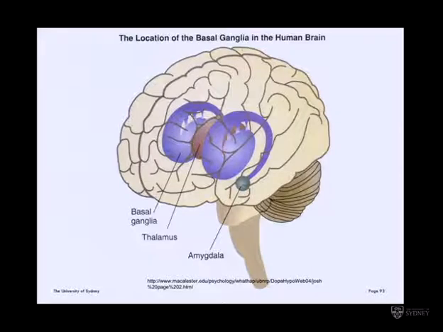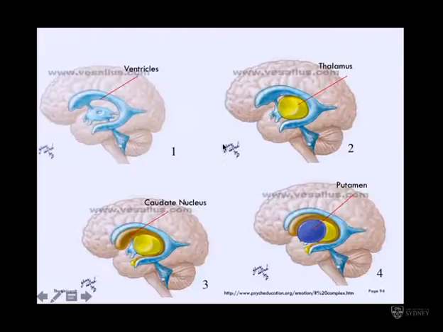So here's what these look like. They too have kind of that C-shaped appearance. Very important. You'll see why on the next slide. So here's your midline thalamus, two thalamic nuclei. And on either side, you have your basal nuclei. So you remember this first one, which are your ventricles.